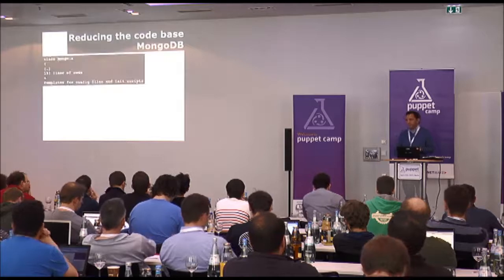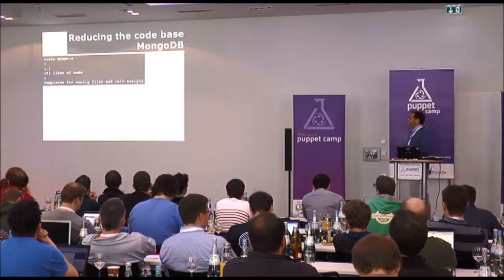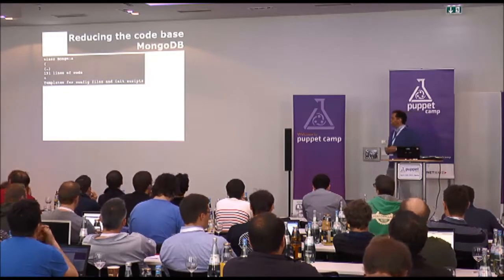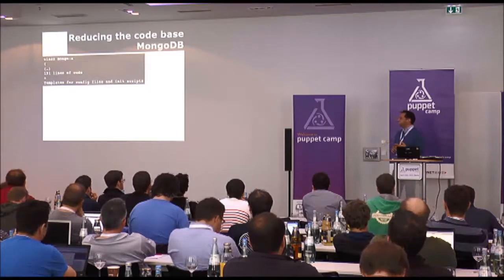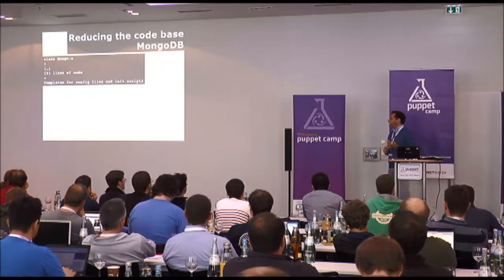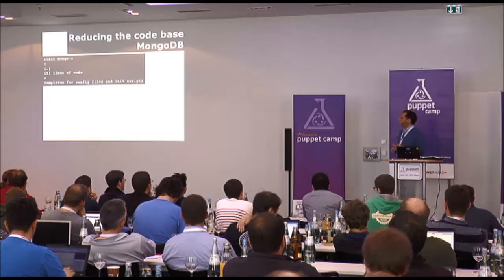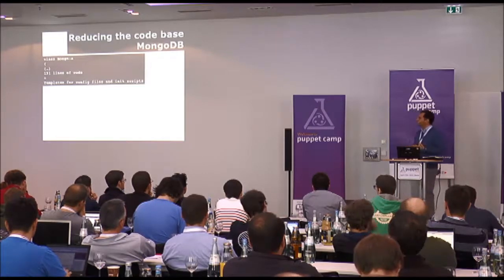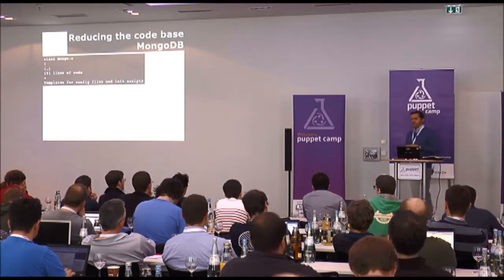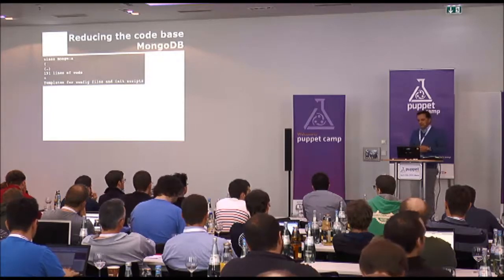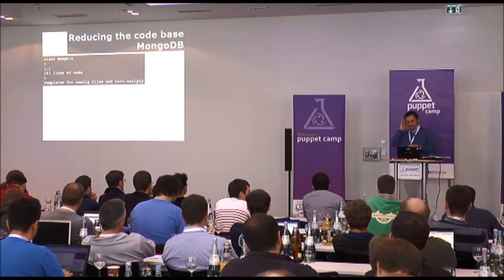So we had, for those of you that don't know MongoDB, MongoDB is a NoSQL database that you can configure with replication and sharding, and when you do that, you get all sorts of very verbose setup to manage.